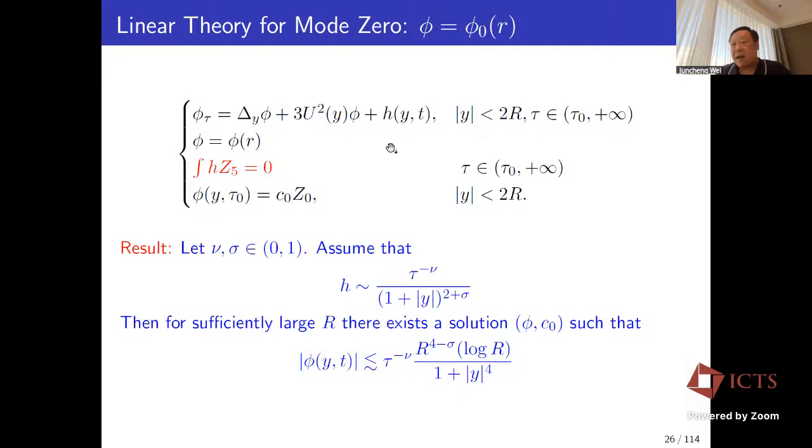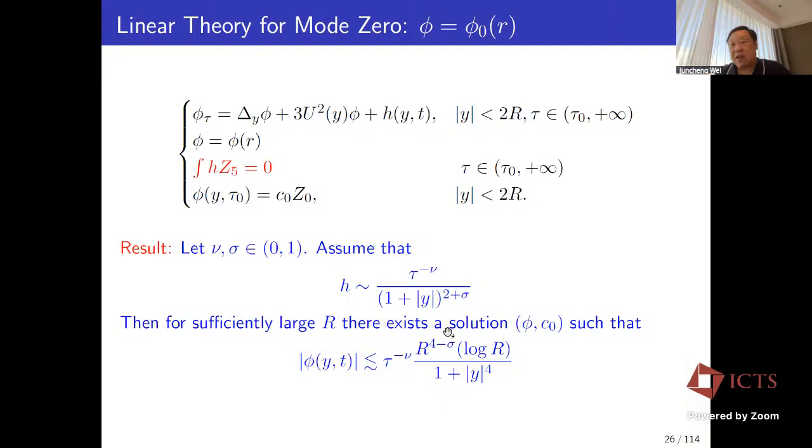Let me now present the linear theory for the non-L2 case. Let me just repeat the result. We have a fast decay kernel and a fast decay right-hand side that is orthogonal to Z5, the scaling parameter.